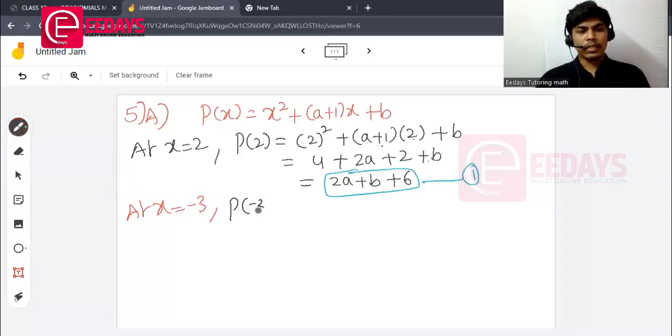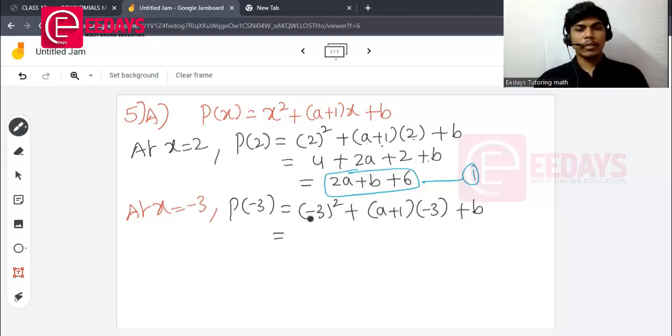So p of -3: in the place of x, you substitute -3. (-3) whole square plus (a plus 1) into -3 plus b. (-3) whole square is 9, -3 into a is minus 3a, -3 into 1 is -3, plus b. We are getting 9 minus 3, that is 6, so 6 minus 3a plus b. That is our second equation.